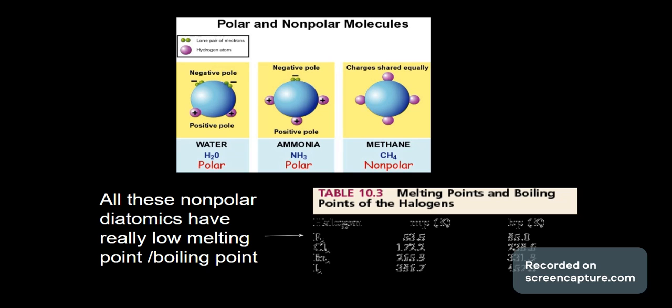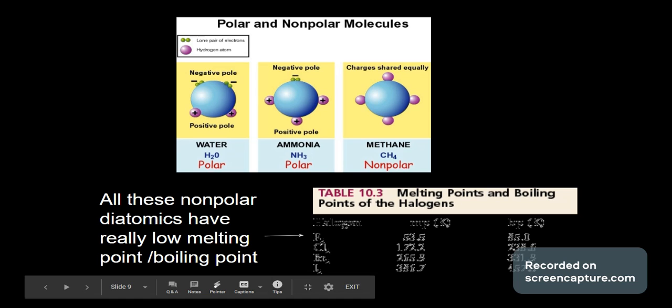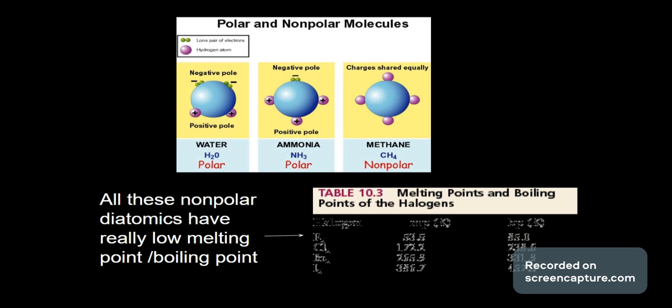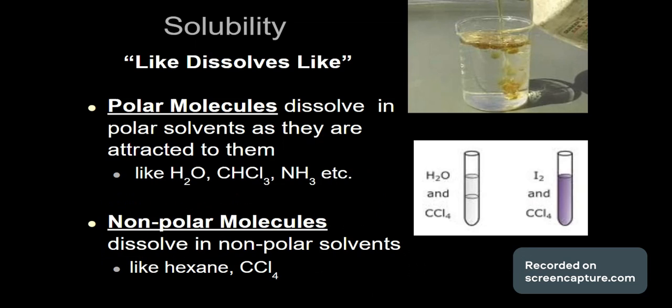All of these nonpolar diatomic elements have a really low melting or boiling point. Please excuse the image if you can't see it, but it was basically a table showing how high or low something is. Typically, covalent compounds have low melting and boiling points.